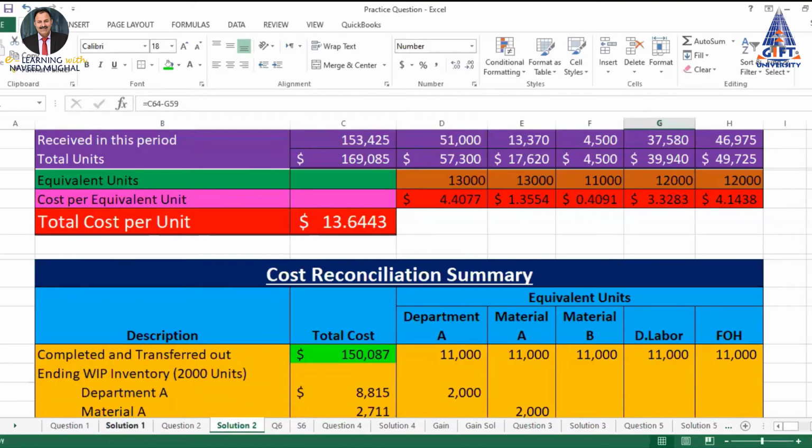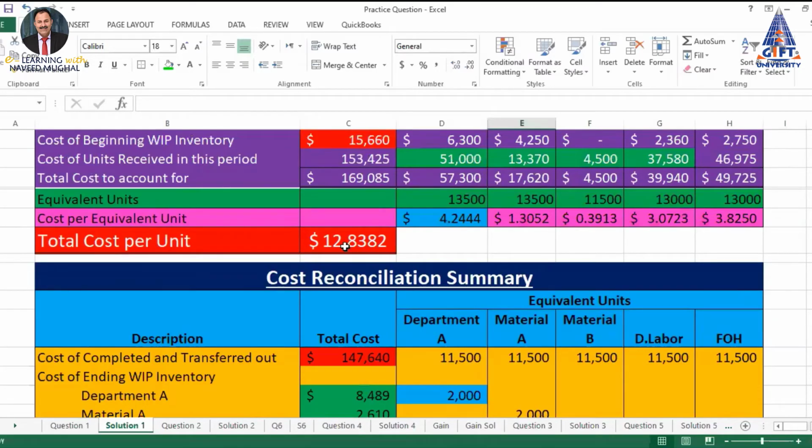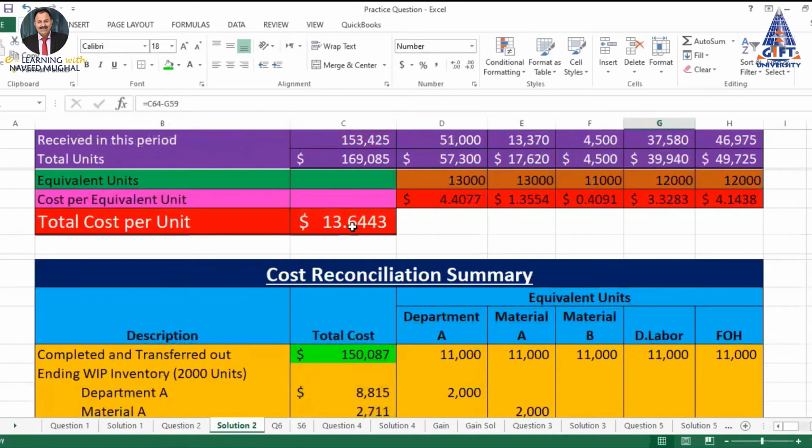So in solution 1, look at this, we have 12.8382 cost per unit. But in question number 2, we have 13.664643. This increase in cost is due to the lost units, because units are lost, and due to the loss of that unit, that is the normal loss, which has been charged to the good units or remaining units. That's why their cost per unit has increased.